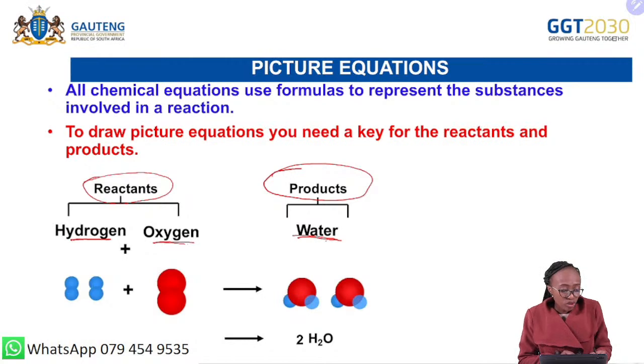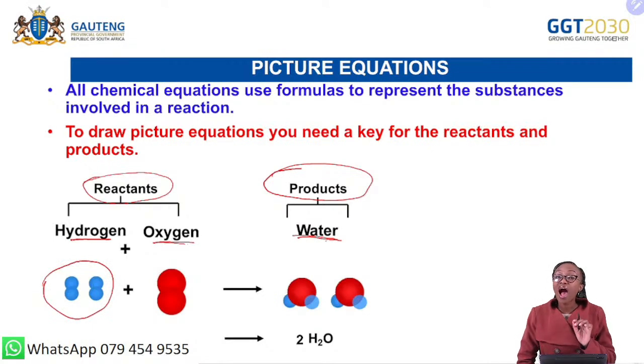I have chosen blue circles to represent my hydrogen. We should be able to differentiate between the atoms of elements or the different compounds in a picture equation. I've also chosen red circles to represent oxygen.